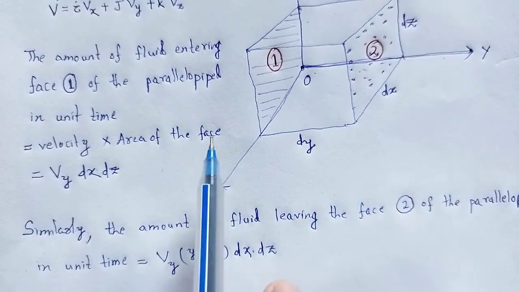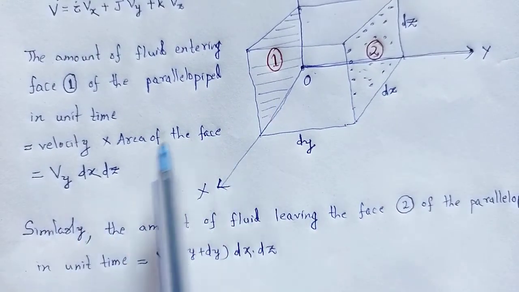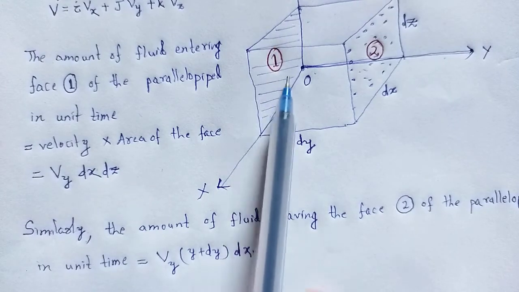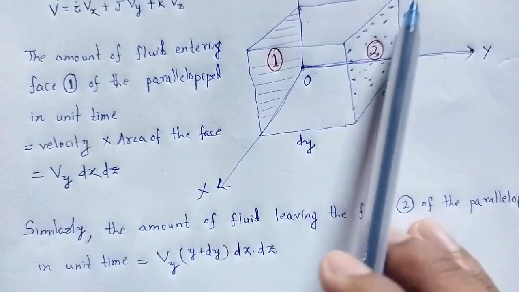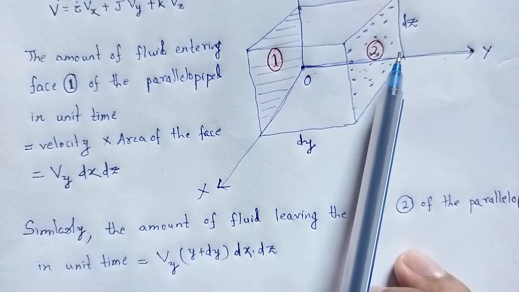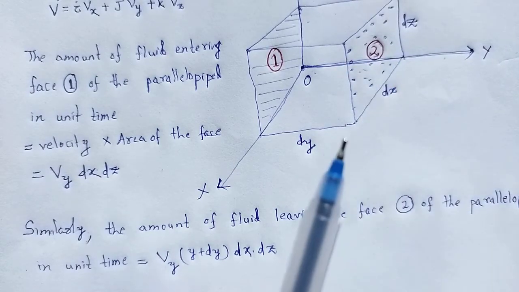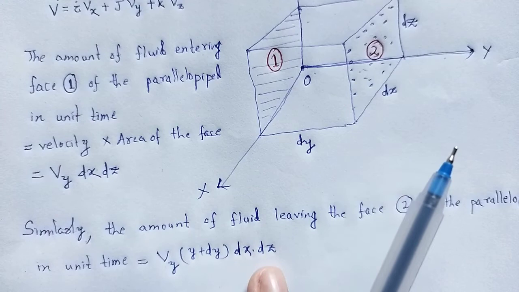Now Vy dx dz is the amount of fluid passing through face 1, and the amount of fluid exiting from face 2 is Vy at y plus dy times dx dz.